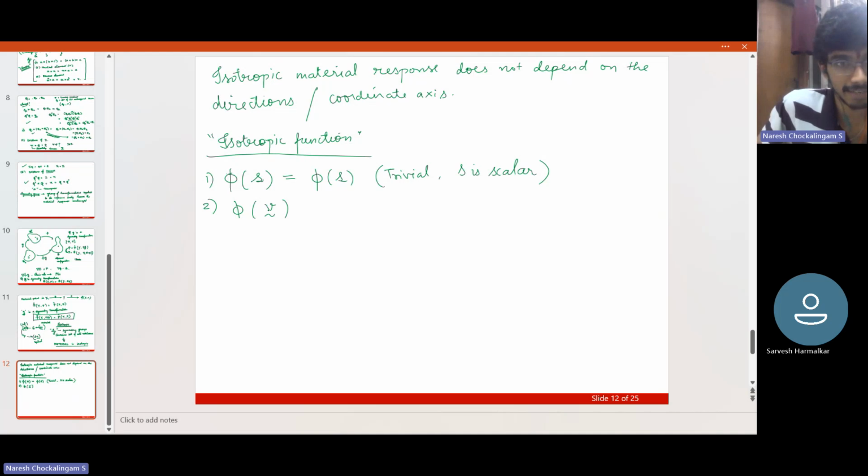So this function takes in a vector and returns a scalar. And this function is isotropic, which means it doesn't depend on the directions. Therefore it cannot depend on the components of the vector. It depends only on the magnitude of the vector. So if you apply any arbitrary rotation to the vector, it has to be equal to the unrotated vector because there is no direction for this function.